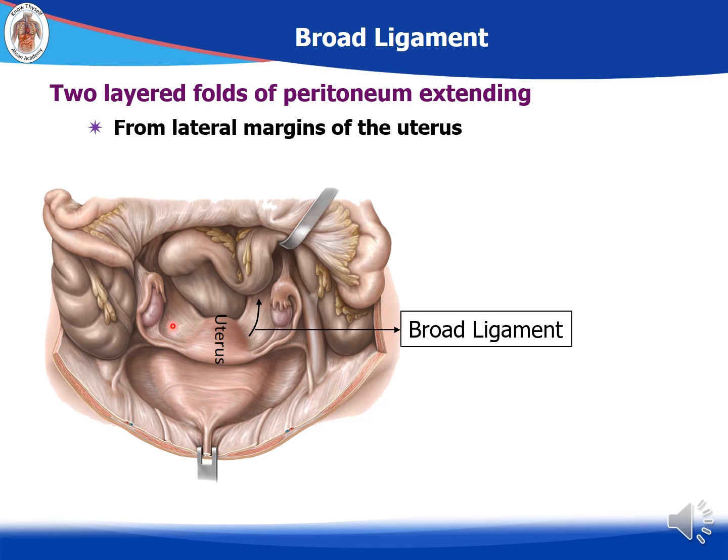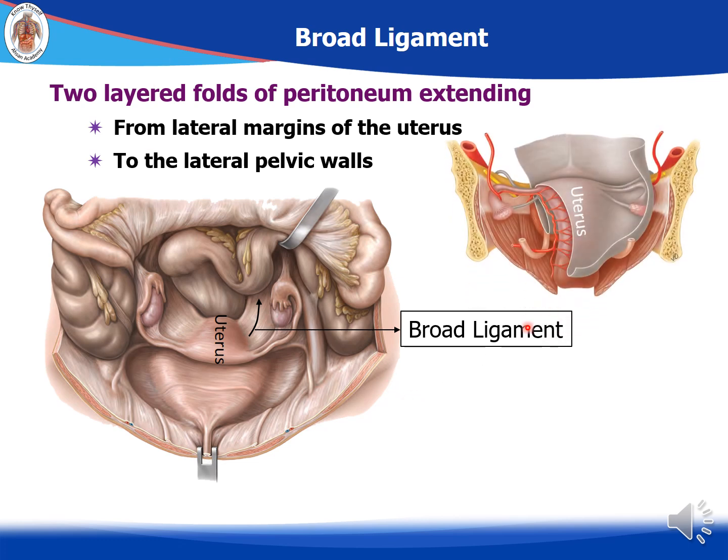So there are two broad ligaments attached to the lateral margin of the uterus and connecting the uterus with the lateral pelvic wall. You can see this is the uterus and the peritoneal fold connecting it to the lateral wall. This is the broad ligament.